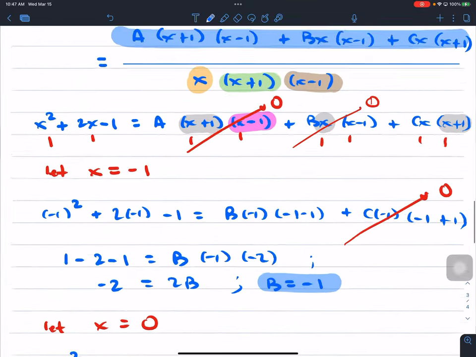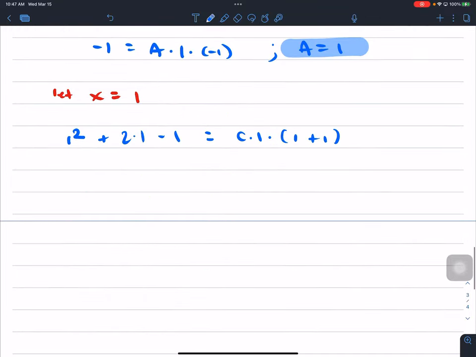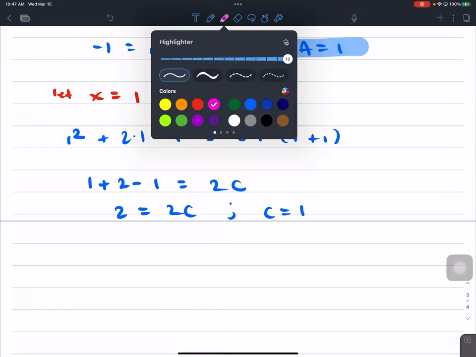Okay, let's see what we get. 1 plus 2 minus 1 becomes 2c. That means 2 is 2c. What does it mean about c? c has to be what? Isn't c 1?